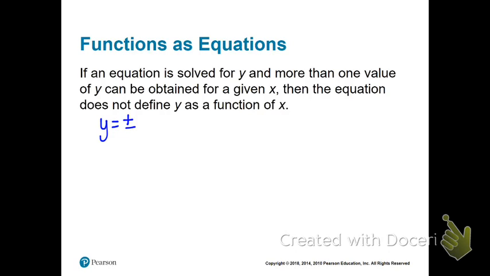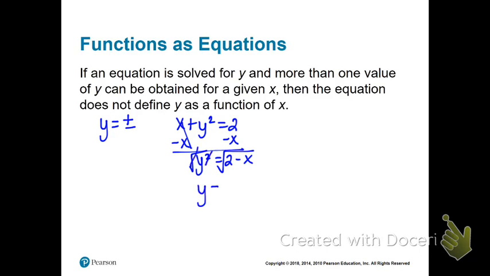And what will cause that is if we're looking at a y squared. So if I had x plus y squared equals 2, and I subtract the x, then y squared would equal 2 minus x, and we'd have to take the square root. But remember, when you take a square root, you end up getting plus or minus whatever your answer is, okay? So because you got that plus or minus, this is not a function.